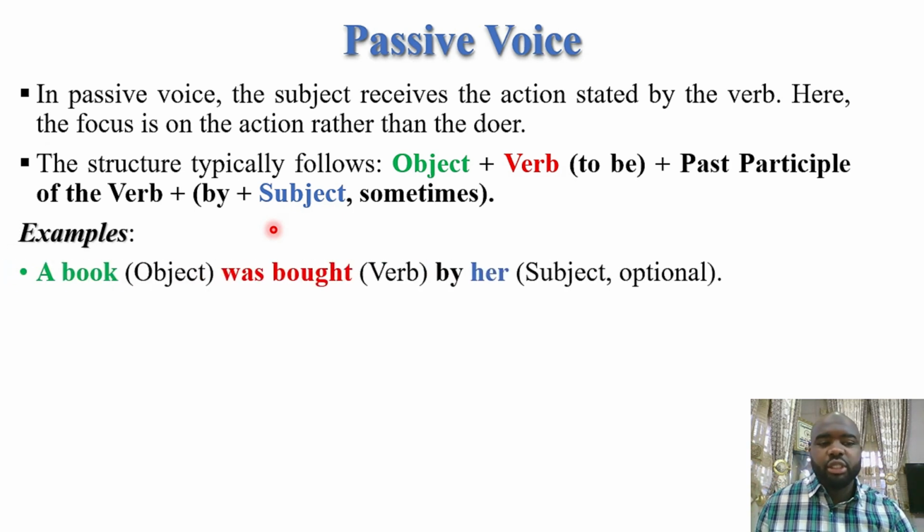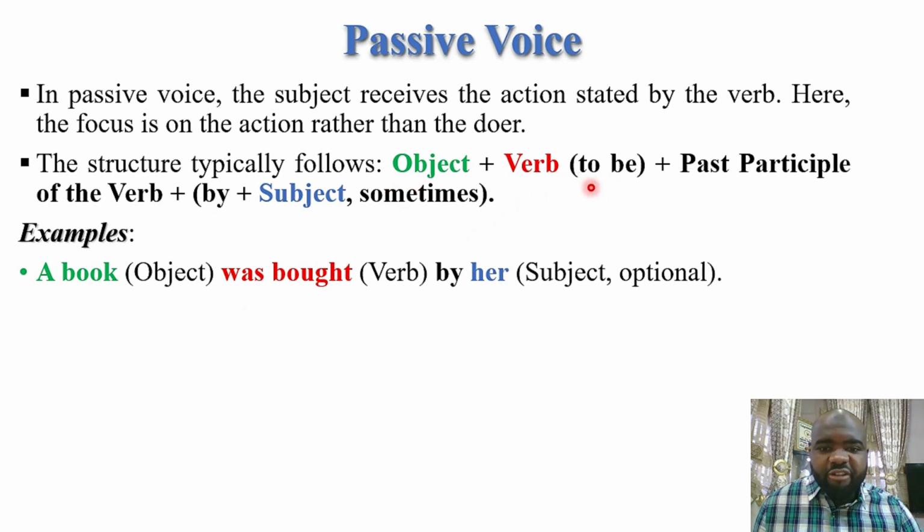We understand. Let's have the example. A book was bought by her. In our previous example, in the active voice, we have she bought a book. Now here we have a book was bought by her. Now look at this. Object first, we have object.